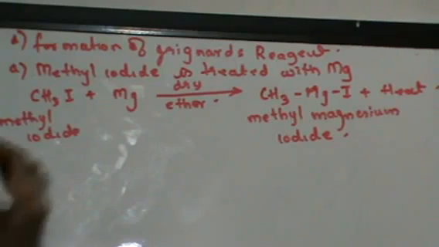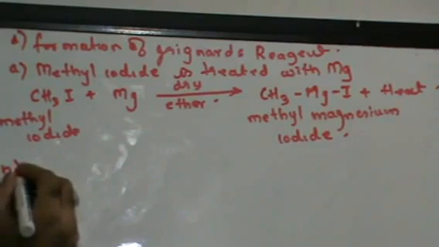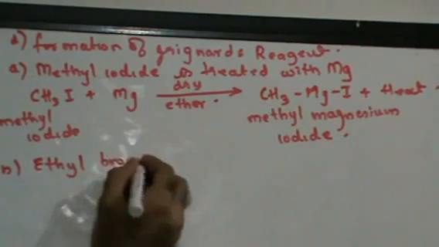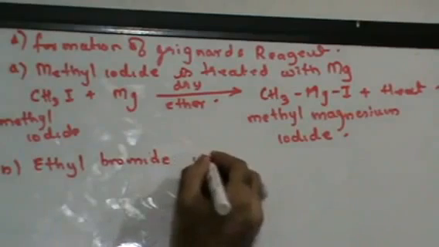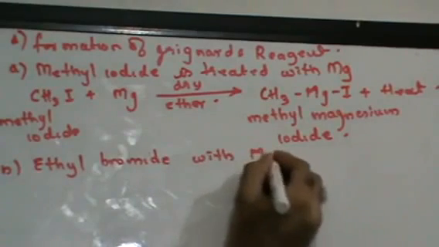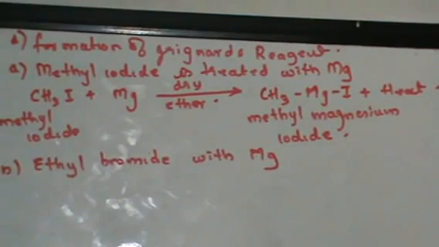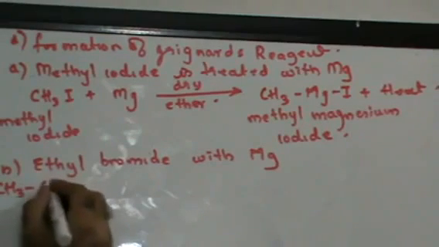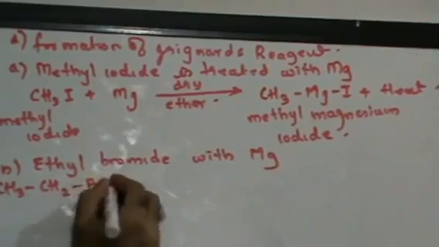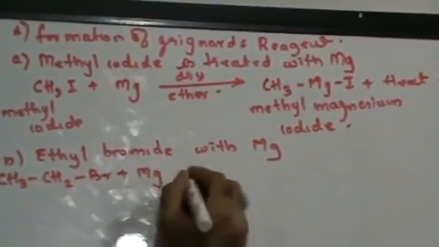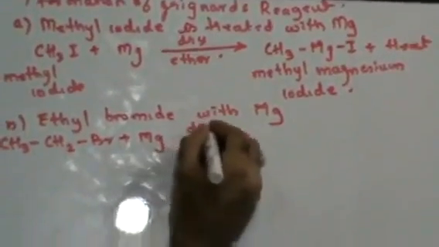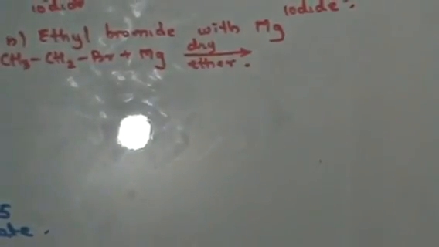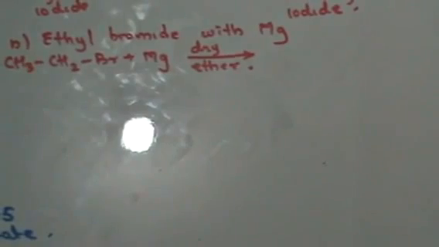Next, let's see another reaction of this kind. What happens when ethyl bromide reacts with magnesium metal? In this case, ethyl bromide, CH3CH2Br, reacts with magnesium in the presence of dry ether. You will have an addition reaction taking place.